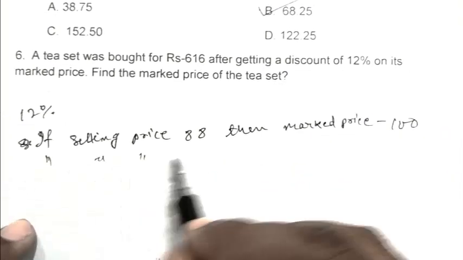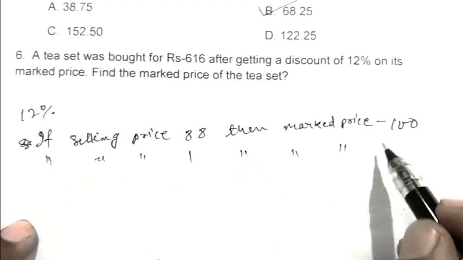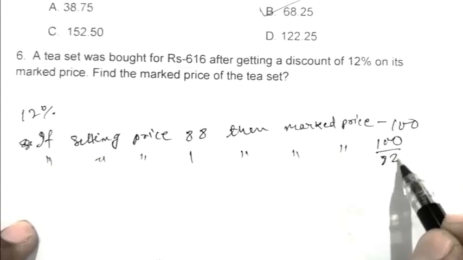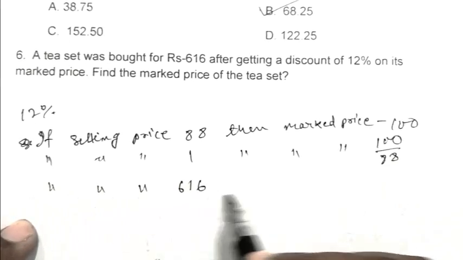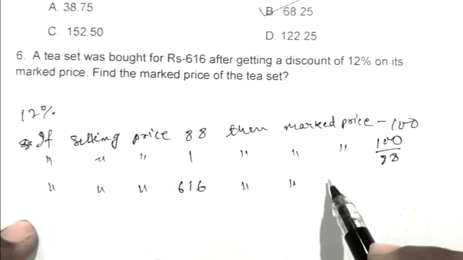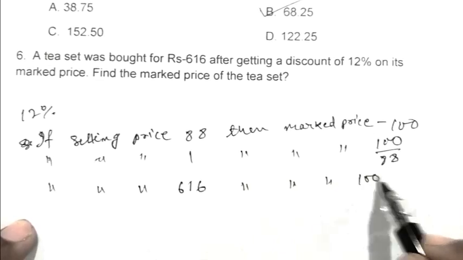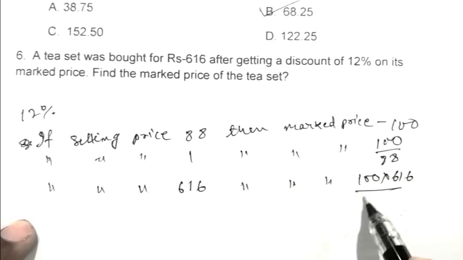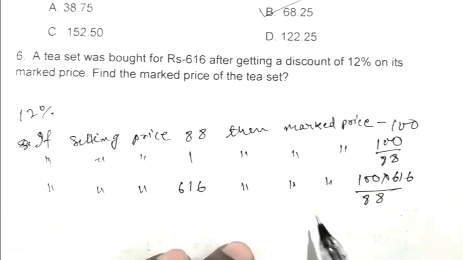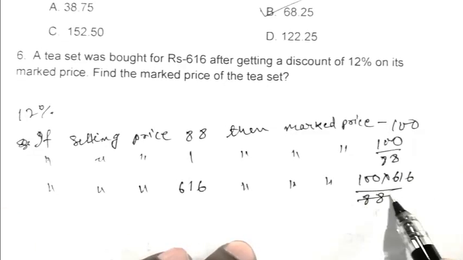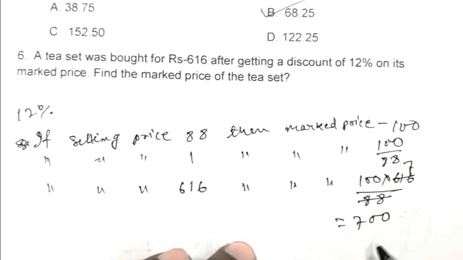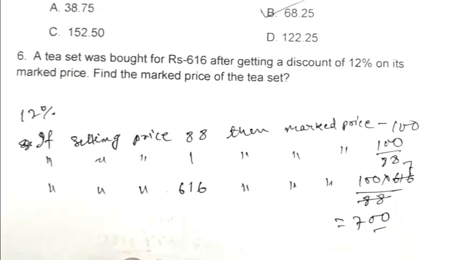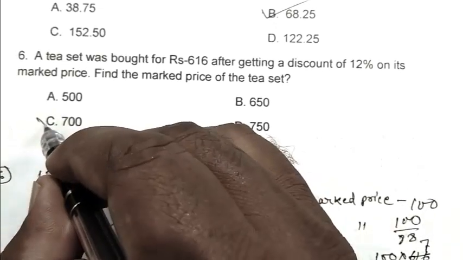If selling price is 1, then marked price is 100 by 88. If selling price is 616, then marked price is 100 into 616 by 88, that is 700. So C is the right answer.